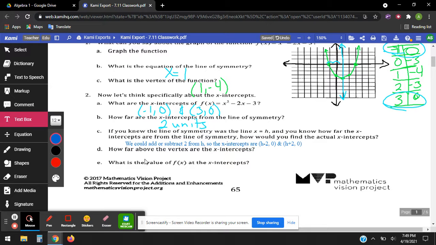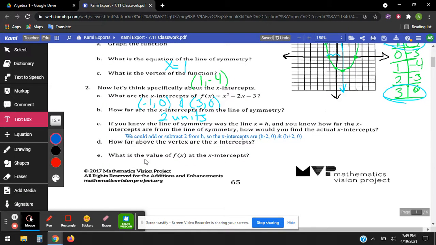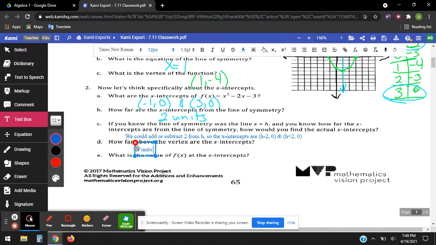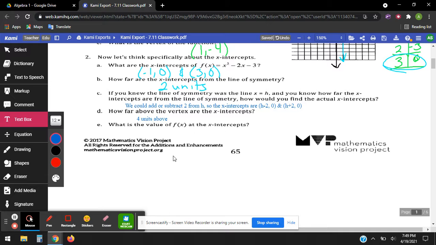So how far above the vertex are the x-intercepts? Well, let's see. 1, 2, 3, there are 4 units above. What is the value of f of x at the intercepts?